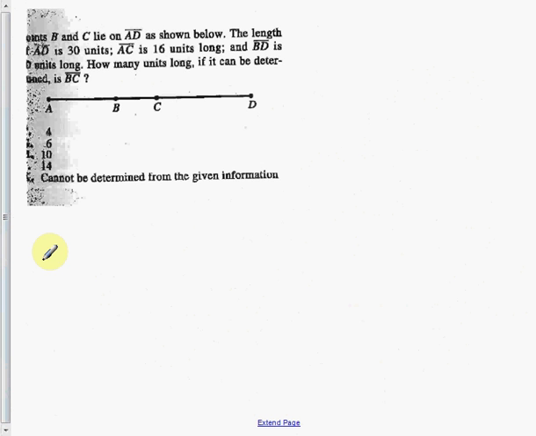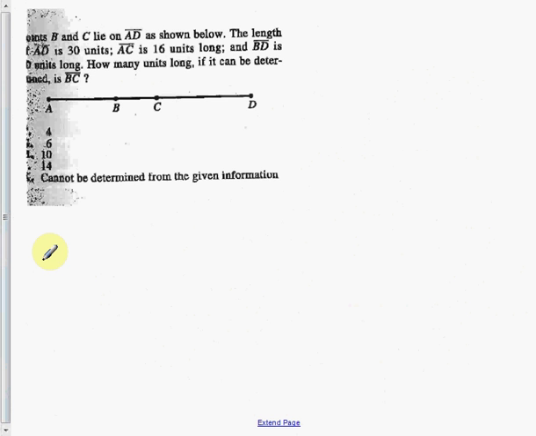Okay. There was some stuff cut off on this one. It says AD. The length of AD is 30.